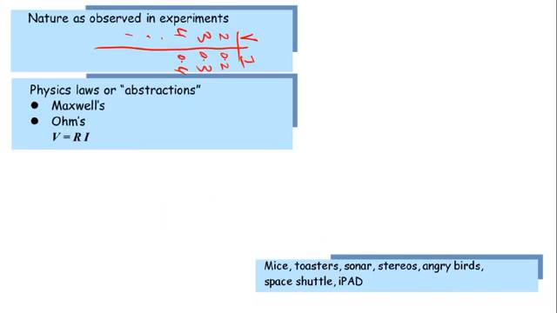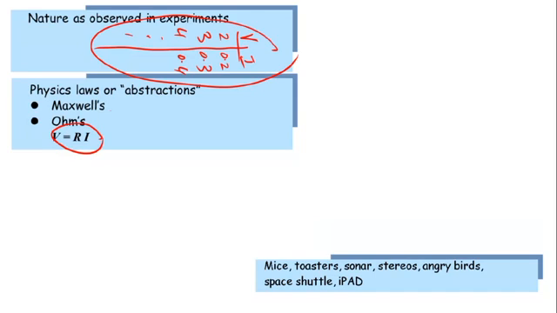What we do as engineers is we start by building laws or abstractions that succinctly describe how nature behaves. So for example, I can take these measurements that I made of voltages and currents, and I can say, aha, I can describe certain materials that behave according to certain laws and write an equation such as V is equal to Ri, which is Ohm's law, that governs certain types of devices.